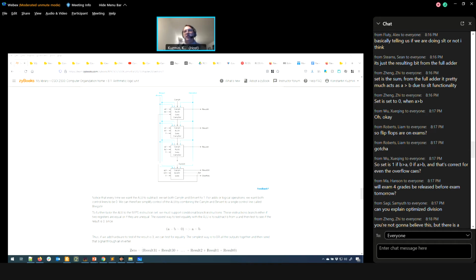If this set is 0, which means that the difference is positive, which we interpret as the first operand is not less than the second operand, the 0 gets here, and then in ALU0, it is connected to result 0. Result 0 is 0, and all other result bits are 0. So across these 32 bits, we have just the number 0, which means we didn't set the result, because SLT says only set if it's less than. If it's not less than, do not set. So we chose to keep our result at 0 if it's not less than.